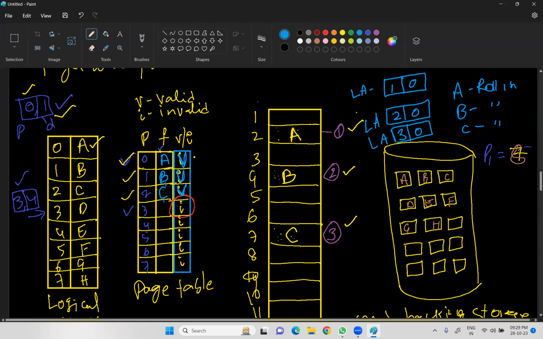Let us consider that very long back page A was entered. Let me talk about it for a while. So this one will be swapped out, and in this place D is going to be swapped in.